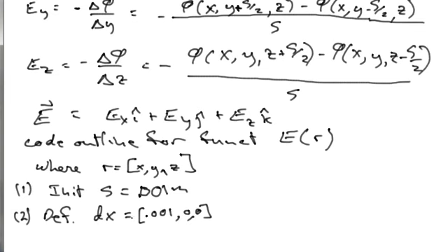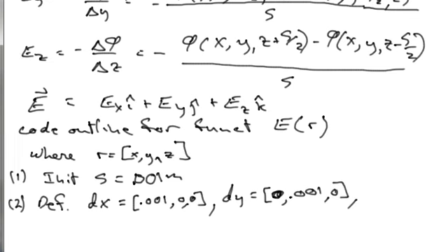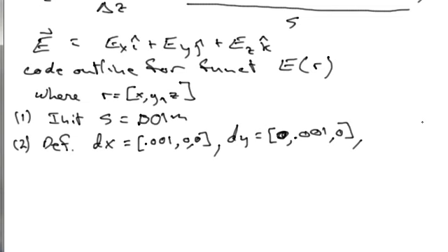So this is like a vector. dy is equal to 0 comma 0.001 comma 0, and dz is 0 comma 0 comma 0.001.